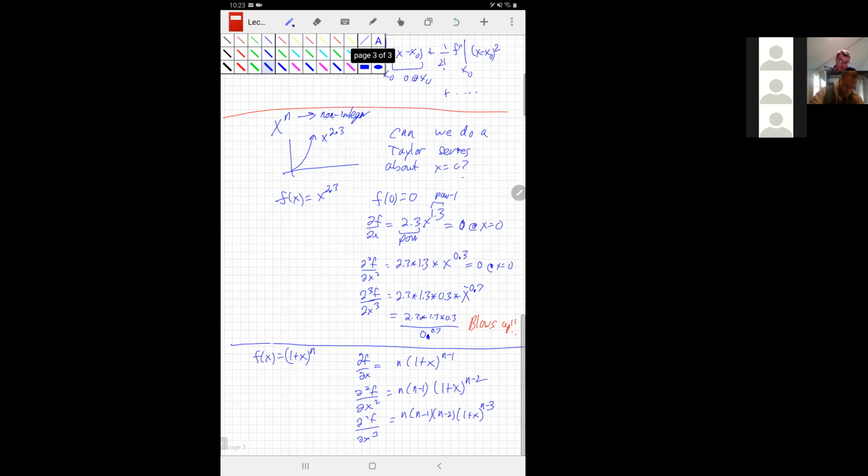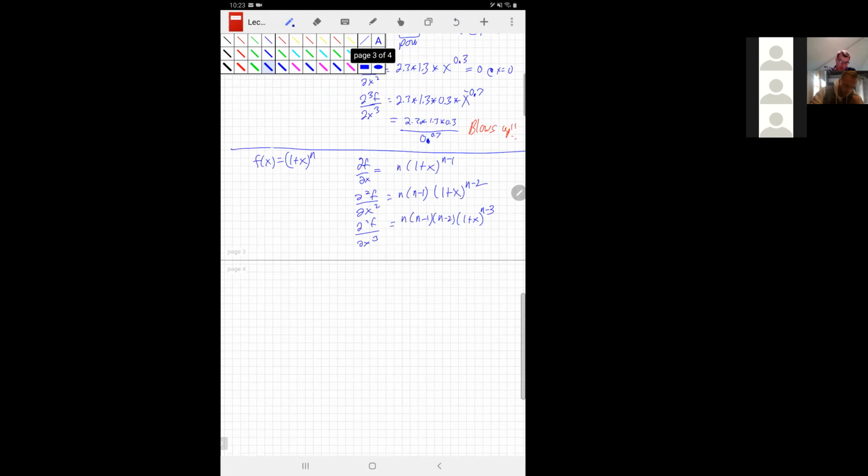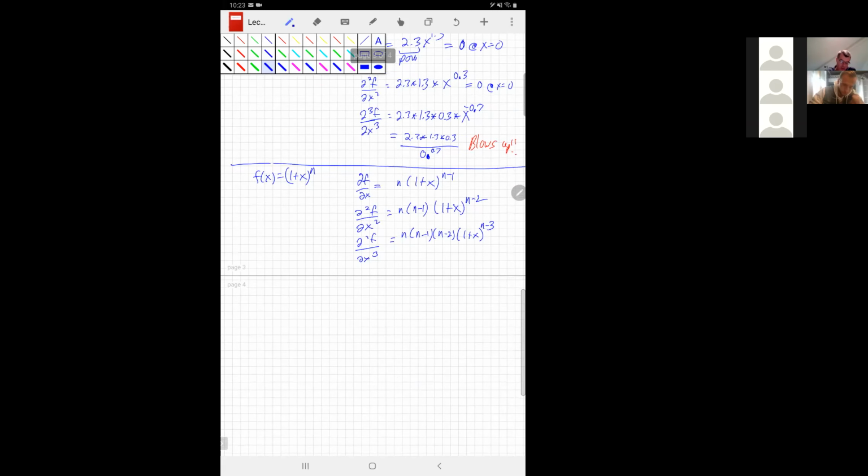And negative powers are no longer a problem, because even if x equals 0, let's plug in x naught equals 0. Well, guess what? These derivatives are still fine. Partial f by partial x at x naught is just n times (1 plus 0) to the n minus 1.